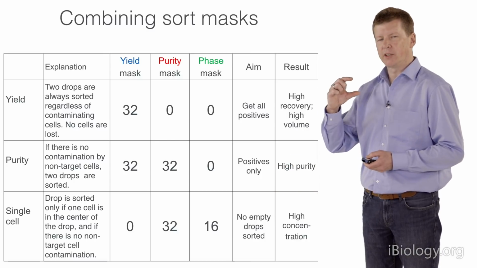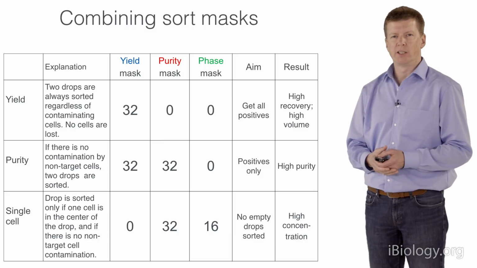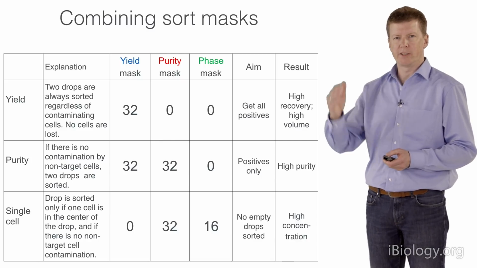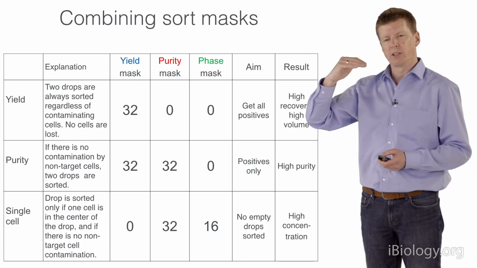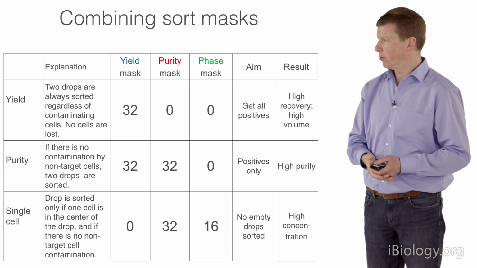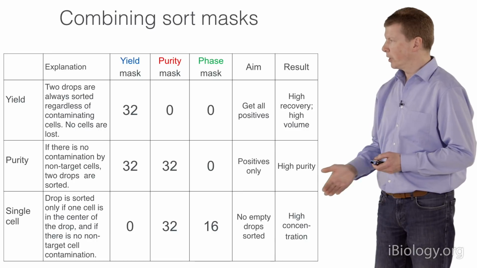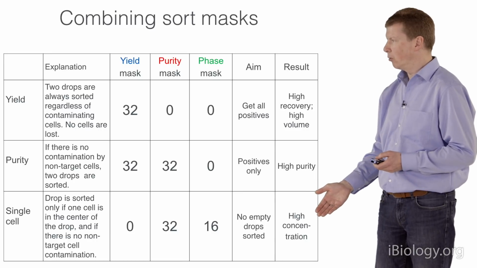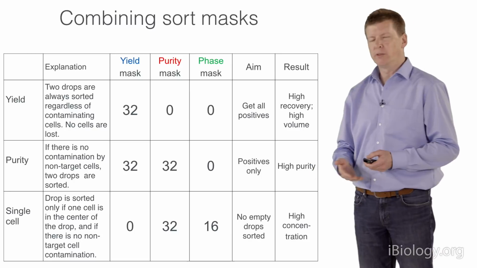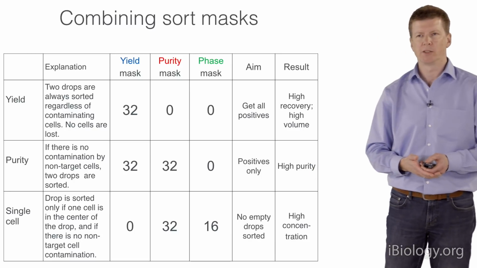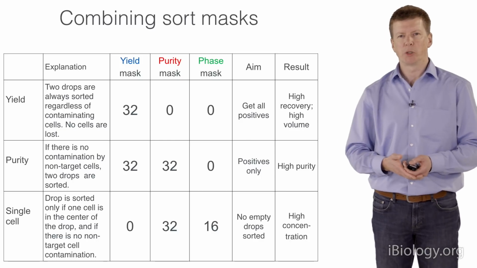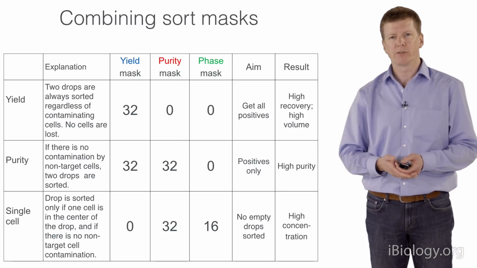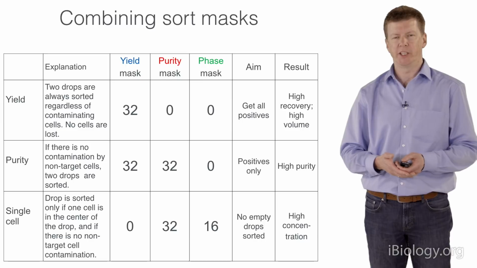So only a drop is sorted when the cell is located in the middle of a drop, and there's no chance that this cell is moving to the next or to the drop before. So we're getting our cells in very low volume, but for sure we are losing most of our cells of interest because it has to come together that they are located in the middle of the drop without any contamination surrounding.